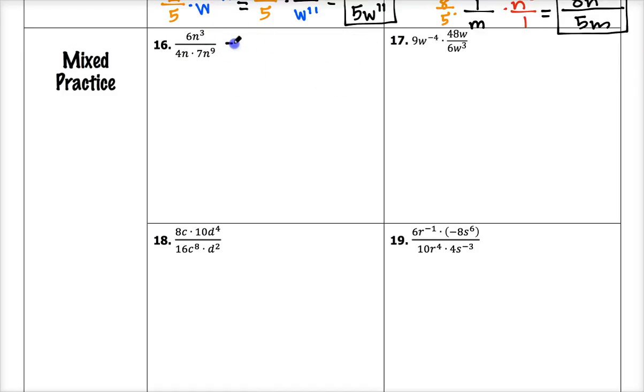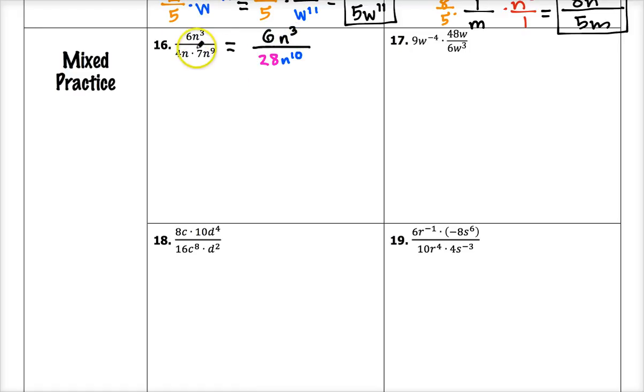So our denominator, we can use the product rule. In the denominator, we have a 4 times 7. 4 times 7 is 28. And then we have an n times n to the 9th. N times n to the 9th is n to the 10th. Our numerator we'll just keep as 6n to the 3rd.